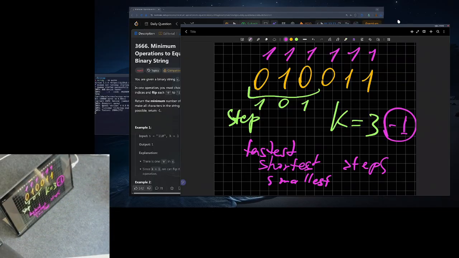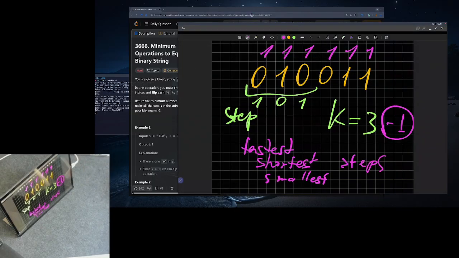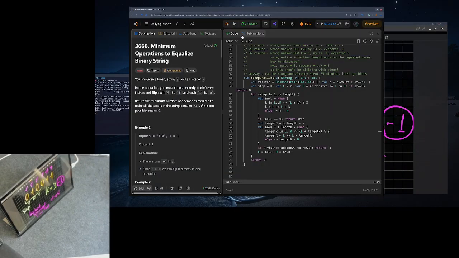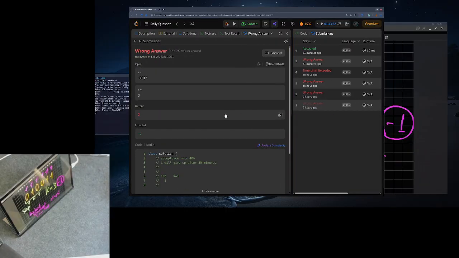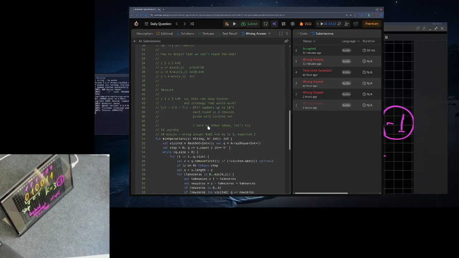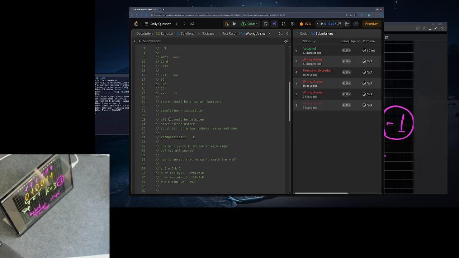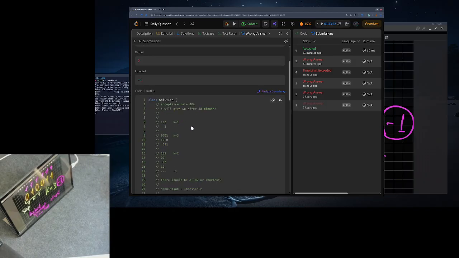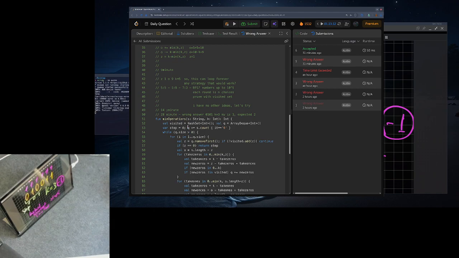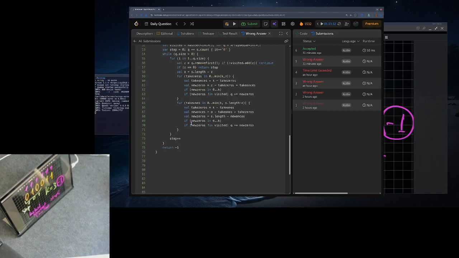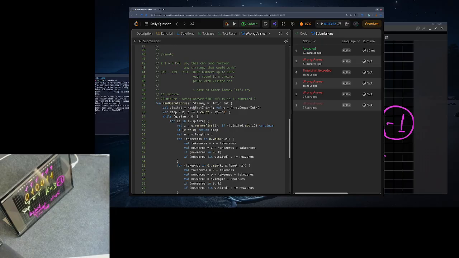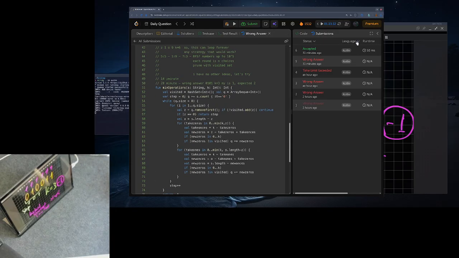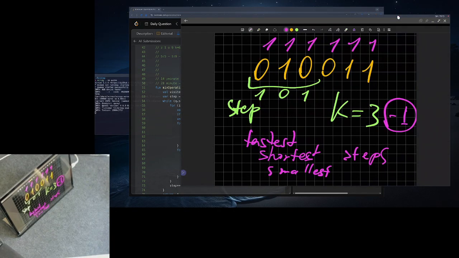So this is a problem, and let's look at my failed attempts to solve it. I give myself 30 minutes to try it myself, and after that I gave up. Now immediately I spot some things about this problem.